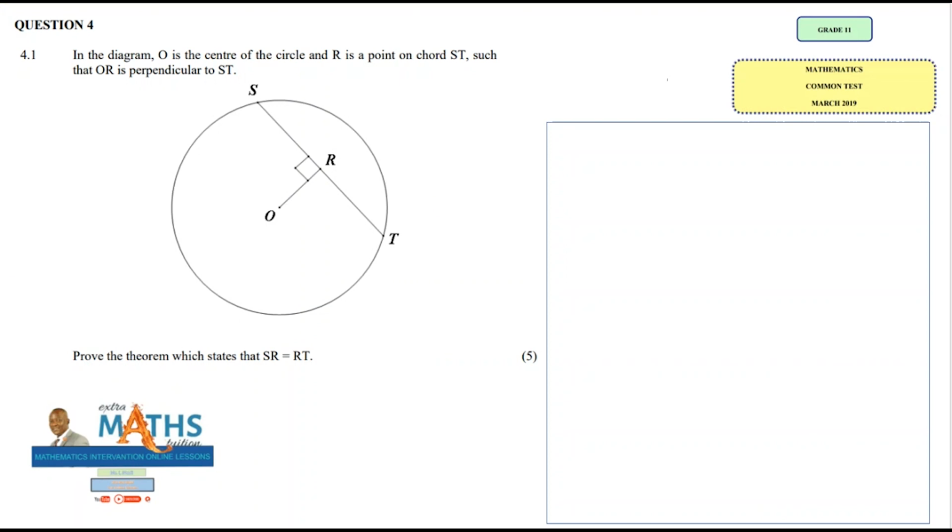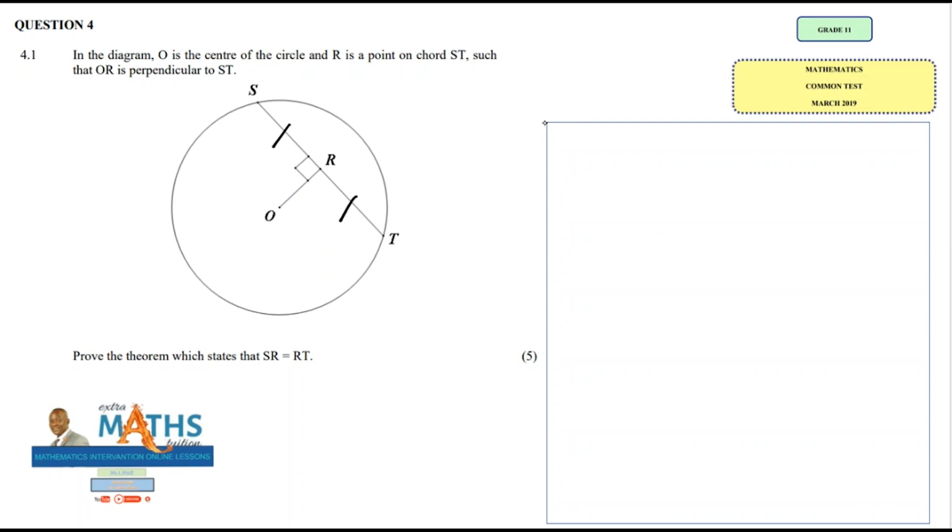Okay, guys, now let us look at this question as it is asked in an exam situation. It says prove the theorem which states SR is equal to RT. We need to prove that SR is equal to RT.